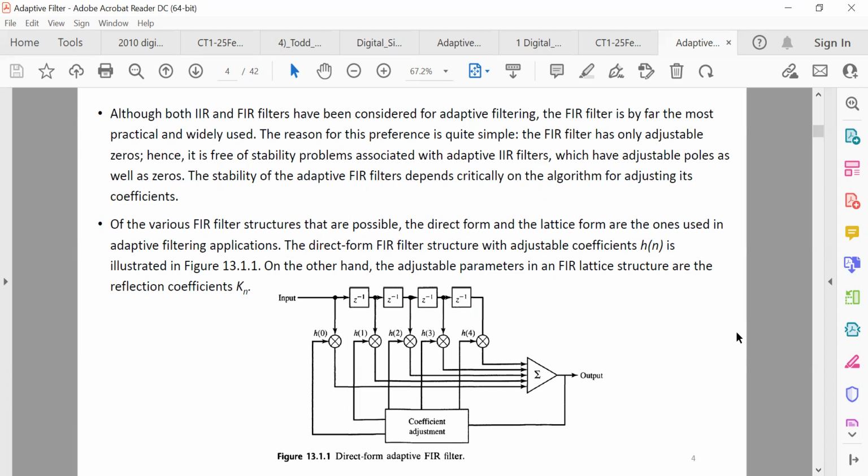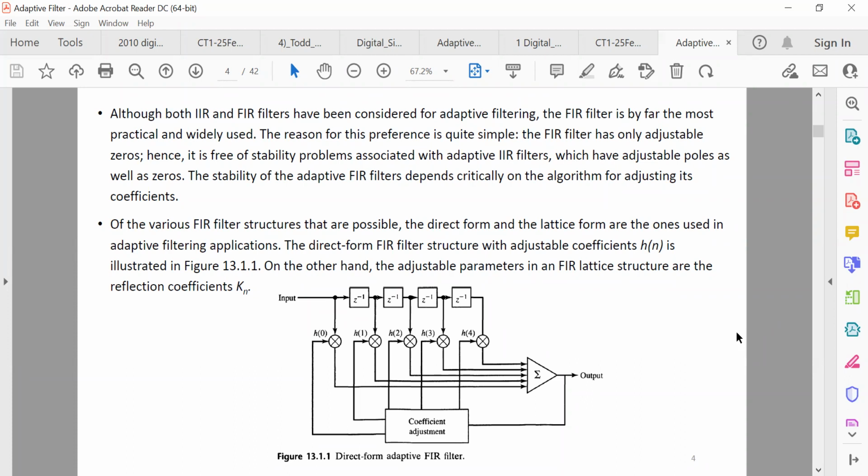See here, we have seen one example, the direct form of FIR filters. See, we have input, we have Z transforms. Z transform is also something we should know from previous knowledge, so I'll try to cover this part also.